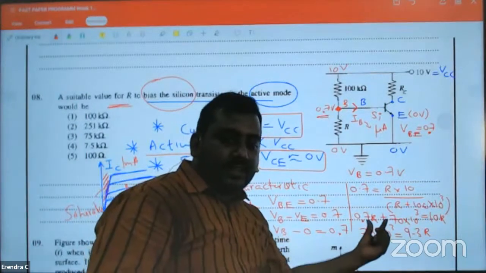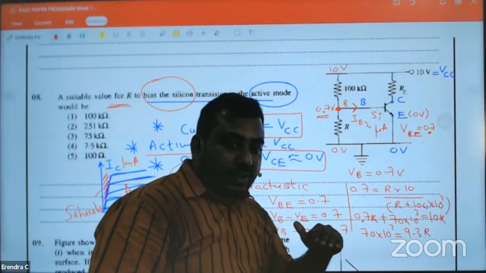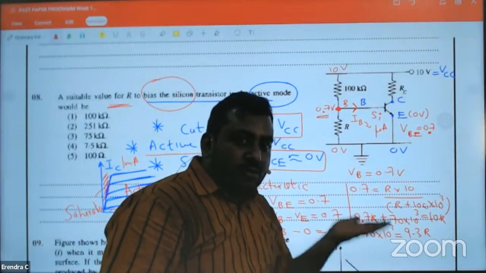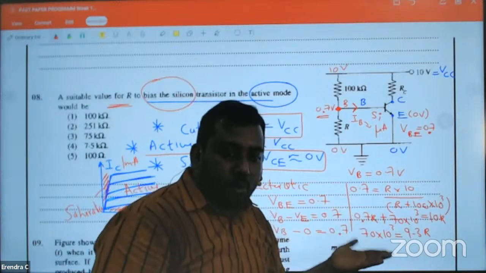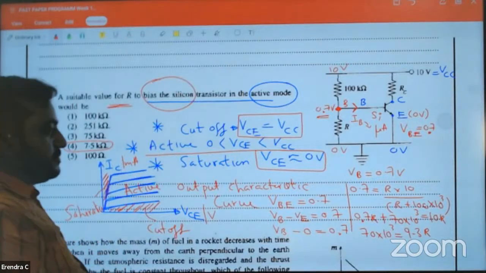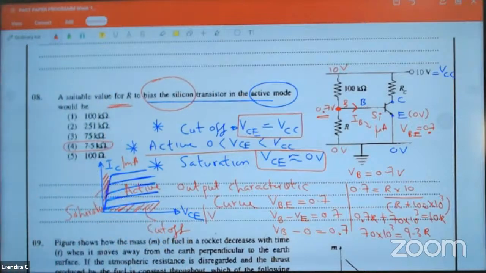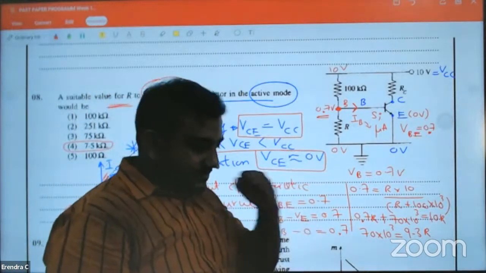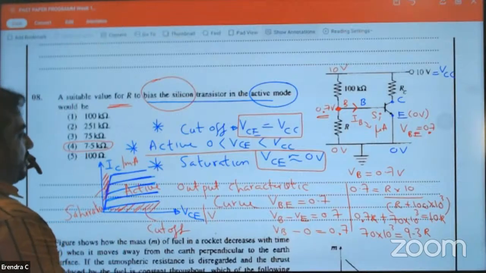It should be more than 7 kilo ohm, so 7.5 kilo. Clear? Perfect. Moving forward.